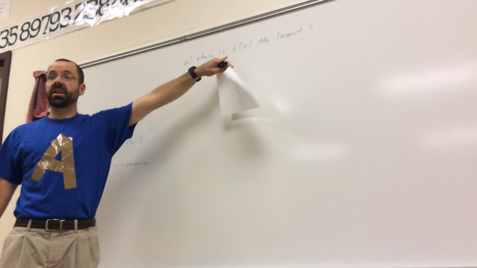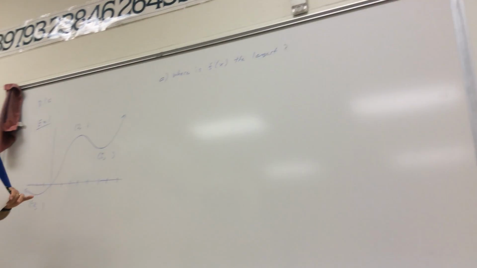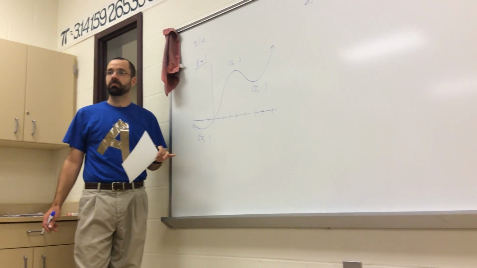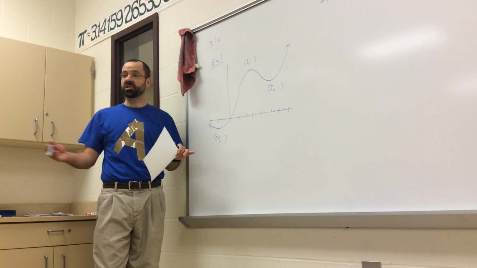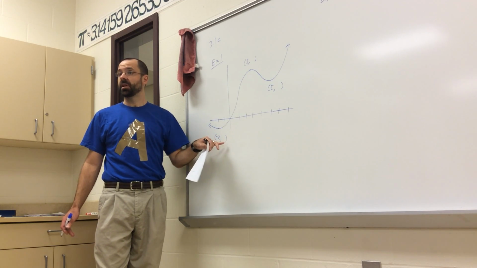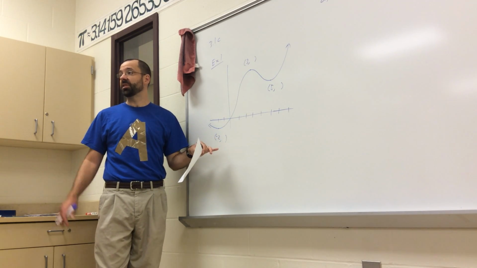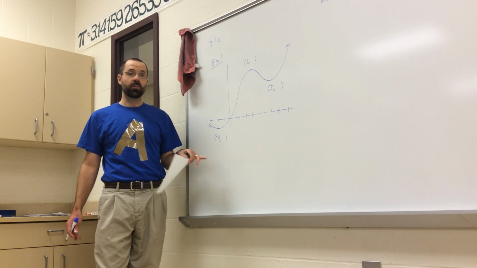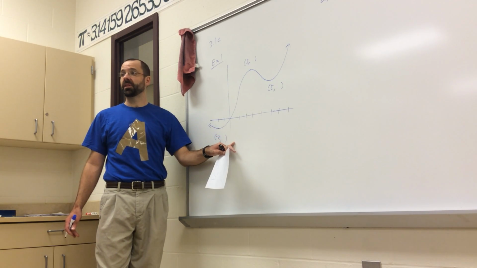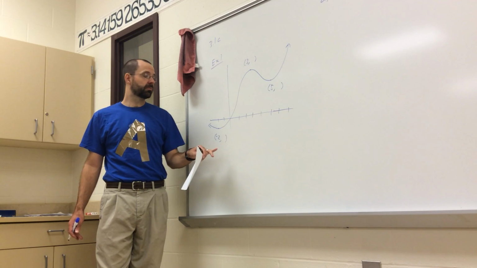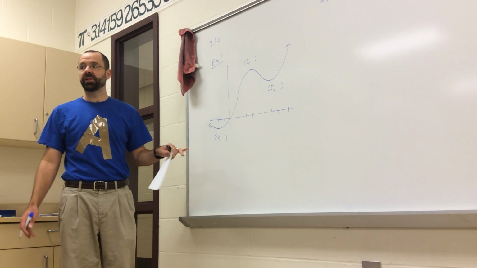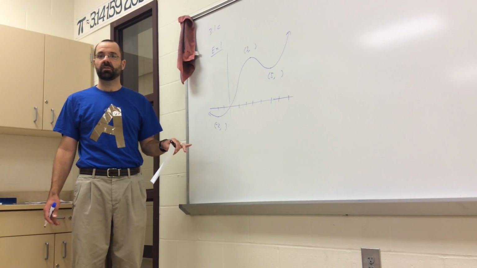Okay, so what is f prime? Yeah. It's the slope of this graph, right? So if I want to know where f prime is the largest, then I'm asking where is the slope of this graph the largest? So where does it appear like it has a really steep graph?